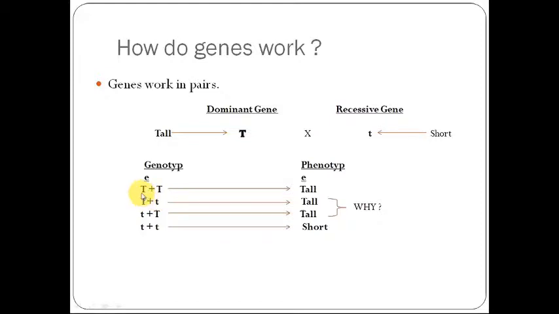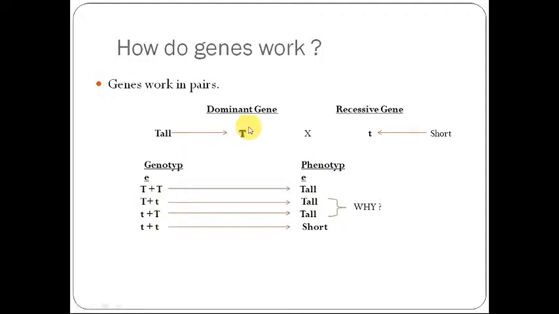For example, T being the dominant. Here we are discussing the height in an individual, how tall or how short he might be. For example, in this genotype, you would see capital T and capital T. It is bound to produce a phenotype of tall. Phenotype is nothing but the product, and genotype is the pair in which it works.